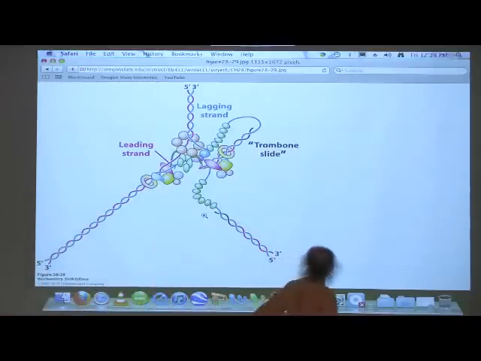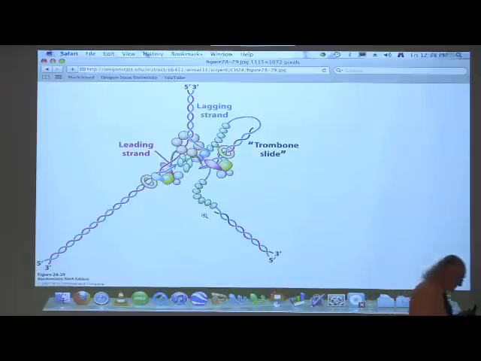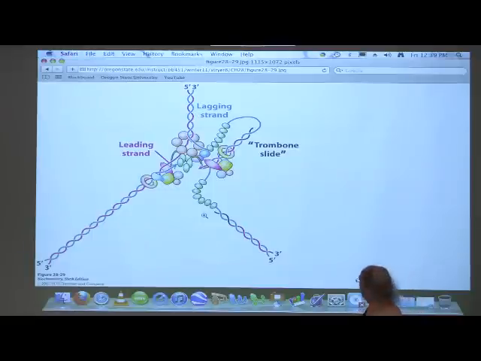Well, it means that the leading strand replication can proceed, and then this lagging strand, which hasn't been replicated, starts looping out, like you see here. This looping out process is called the trombone.